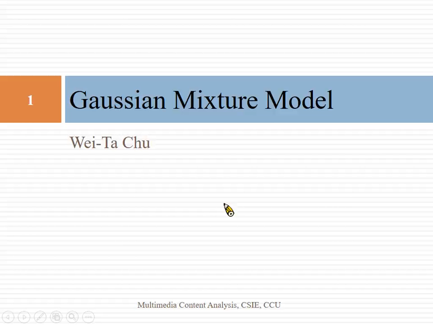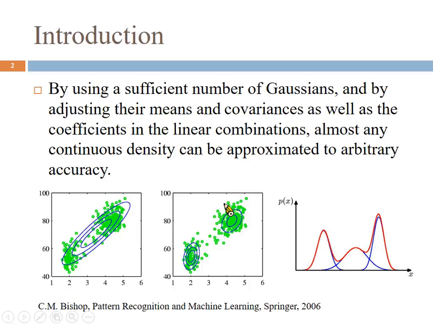We now introduce one of the most popular machine learning models called the Gaussian mixture model. The idea of the Gaussian mixture model is that theoretically, by using a sufficient number of Gaussians and by adjusting their means and covariances as well as the coefficients in the linear combination, almost any continuous density can be approximated to arbitrary accuracy.